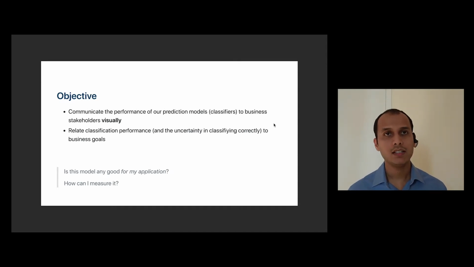We're going to take the performance that we can calculate on a test set, as well as some additional information like costs and benefits of doing something with the classifier, and then therefore we tie it nicely to the business goals. The types of questions that what we'll see today can answer is: is my model good enough for my application, or how can I measure if it is good enough or not?